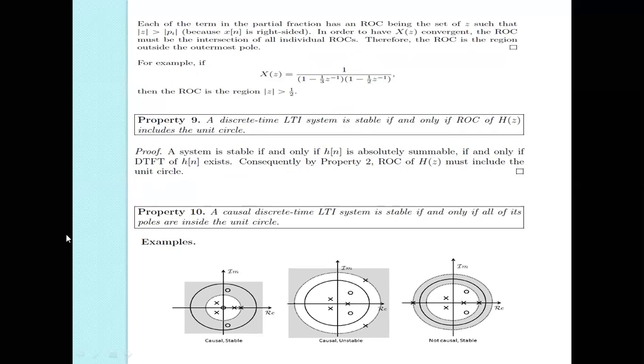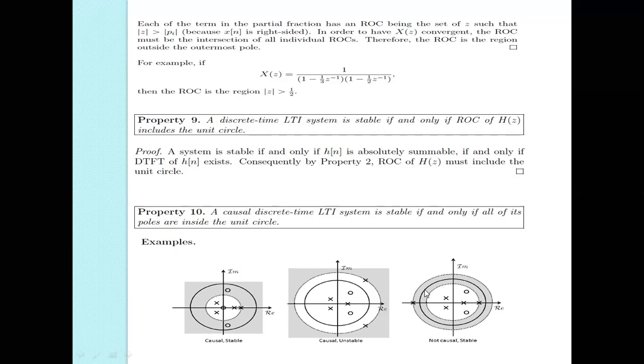Stable system. I already told you causal and stable. Causal and stable means the poles are present inside the circle. Unstable means any one pole is outside the circle. Taking the unit circle here, the pole is outside the circle, an unstable system. And non-causal and stable means one pole is outside the circle.